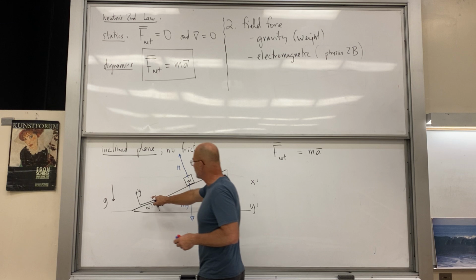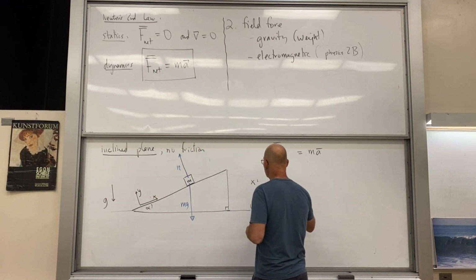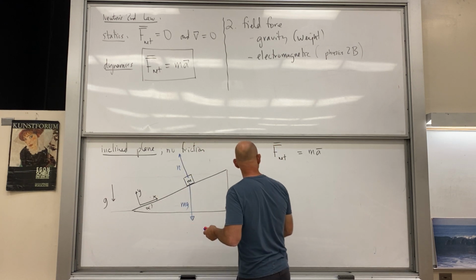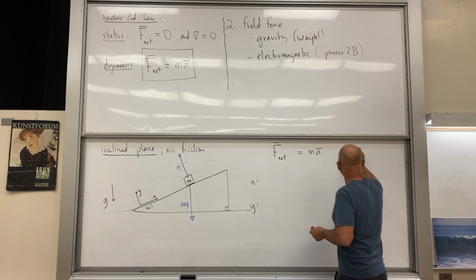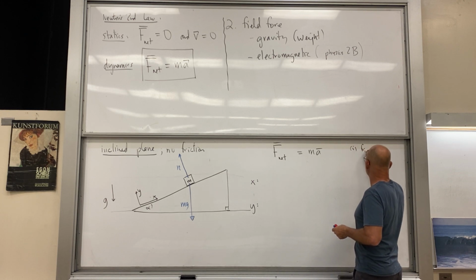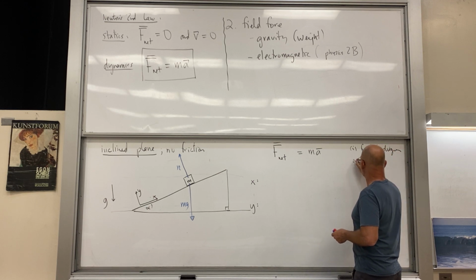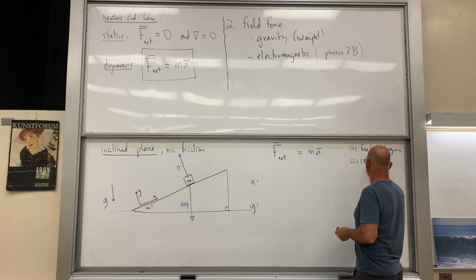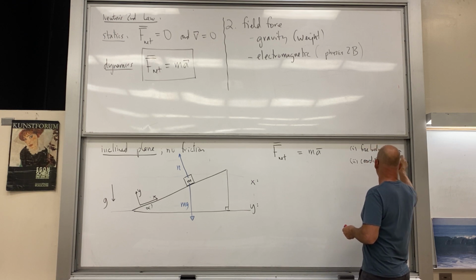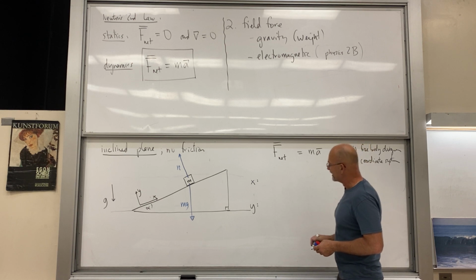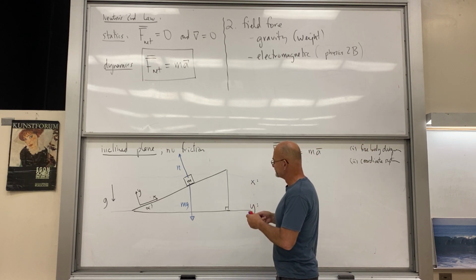So notice I've chosen the coordinate system. So we had a free body diagram. Should I make a list here? Free body diagram. And then the second thing, I chose my coordinate system. And now we're going to look at x and y.